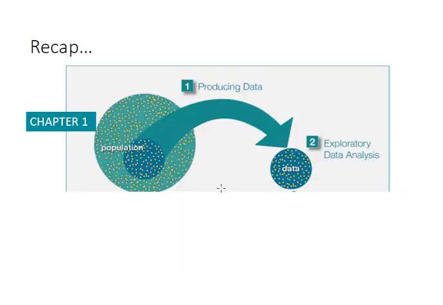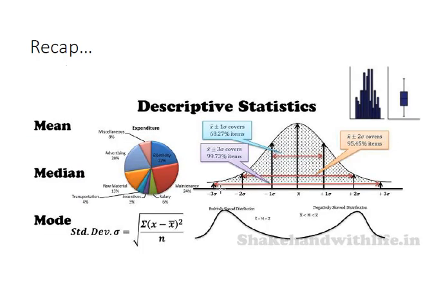Also, you looked at exploratory data analysis and descriptive statistics, the various ways you can plot data, the central tendency and dispersion measures that you can use to determine, for example, the midpoint of your data, the mean or average of data, the deviation in your data, and how skewed the data is.